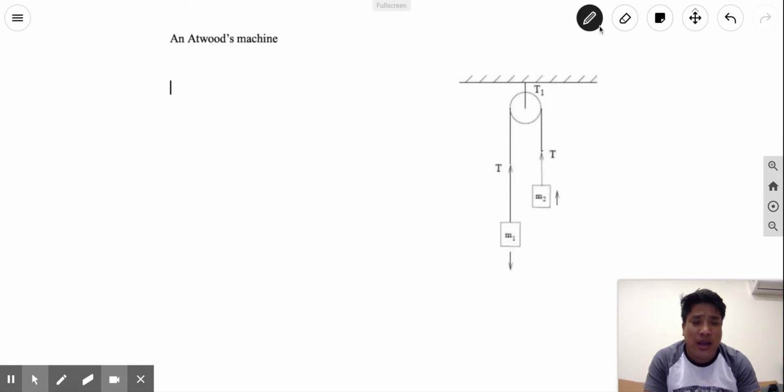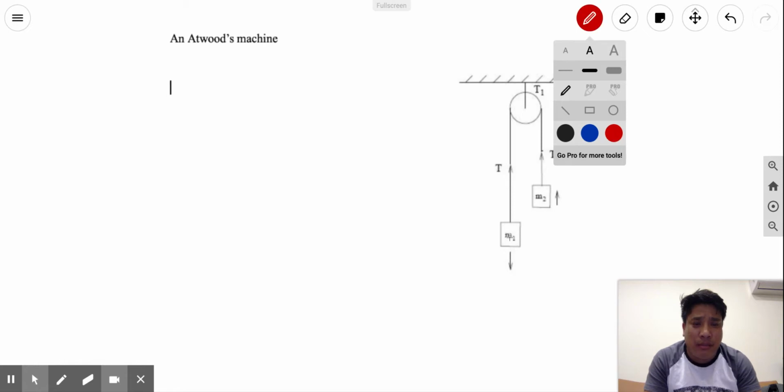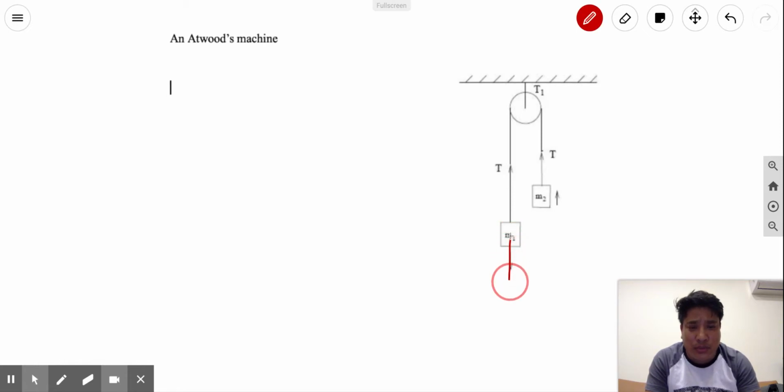So I'm going to start with mass 1. Obviously the force of gravity is acting downward. Since we have two different masses, I'll call this force of gravity 1 to indicate it is for mass 1. And the tension force is acting upward.